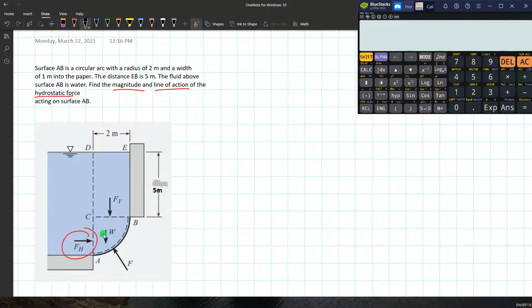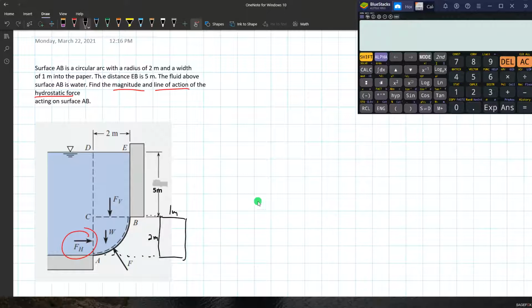If this is your curved surface and we have a width of 1 meter, if we just extend this and look at the side elevation of this curved surface, we can form a rectangle that has a width of 1 meter. The radius is 2 meters, so if this is a quarter circle, its height, its depth also is 2 meters.